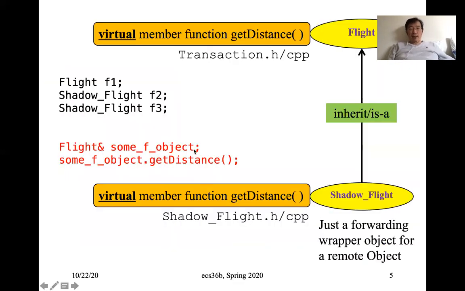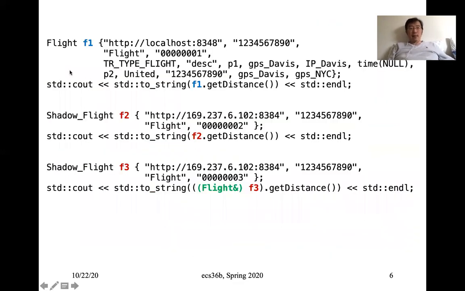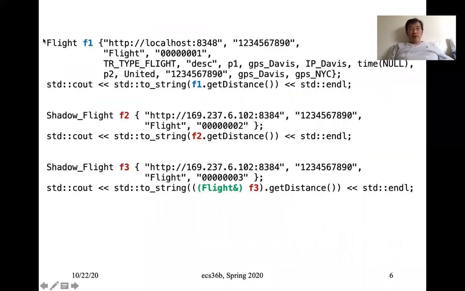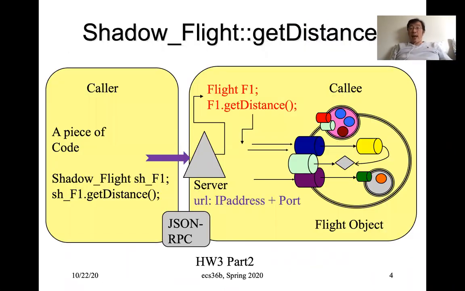In the next slide, the first few lines create the Fly f1. You see that Fly f1 has a bunch of parameters. This is a real object that I create, Fly f1, and I still have to create that at the server side.